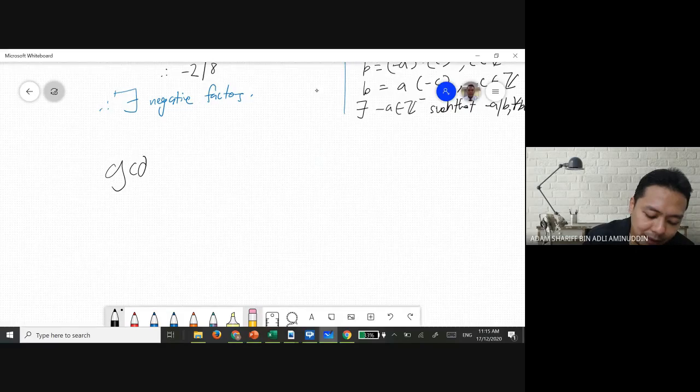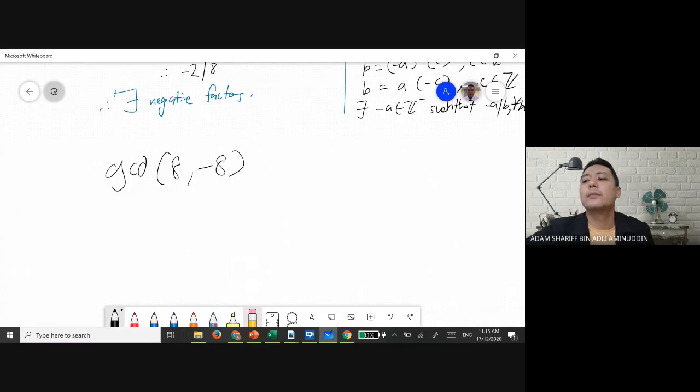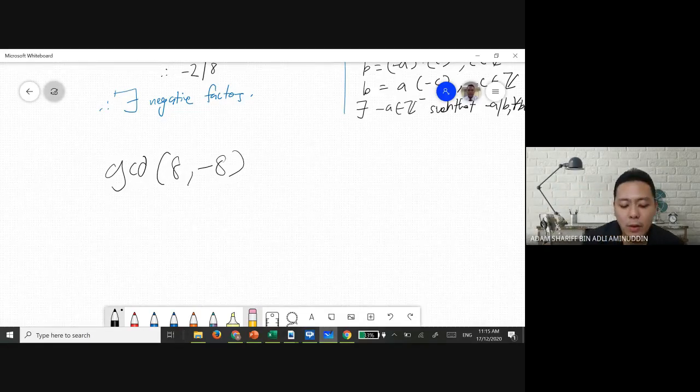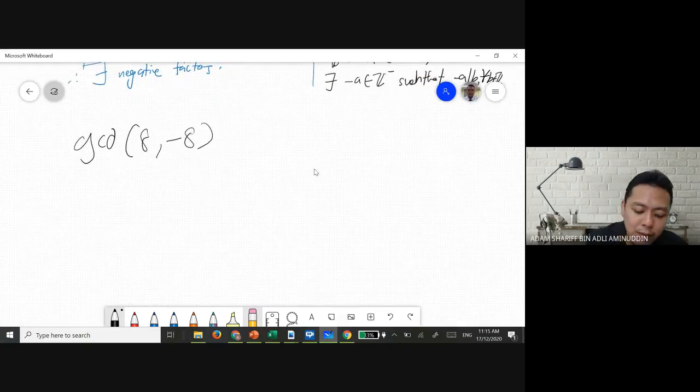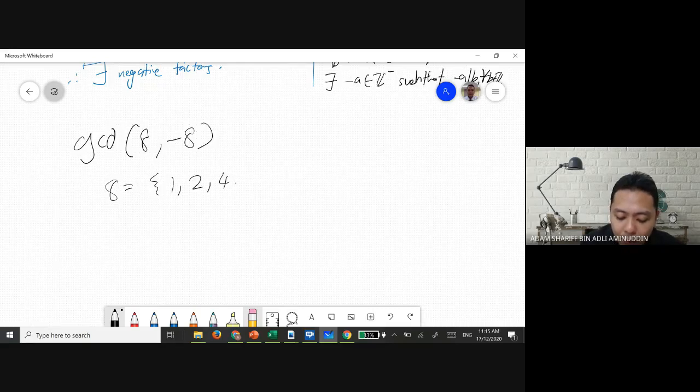What is the GCD between 8 and negative 8? Okay, soalan ni, kalau kita nak selesaikan dalam cara lama, we list down the factors. Then it will be 1, 2, 4, 8, and because of my previous explanation, that also exists negative factor, negative 1 also is a factor, negative 2, negative 4 and also negative 8.